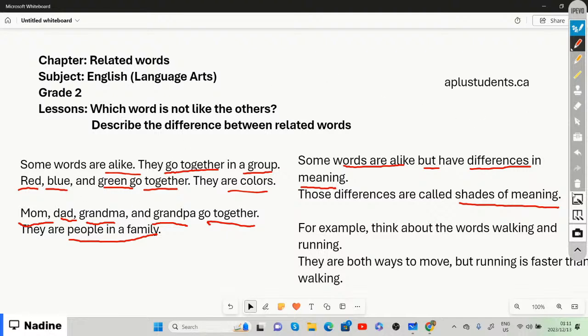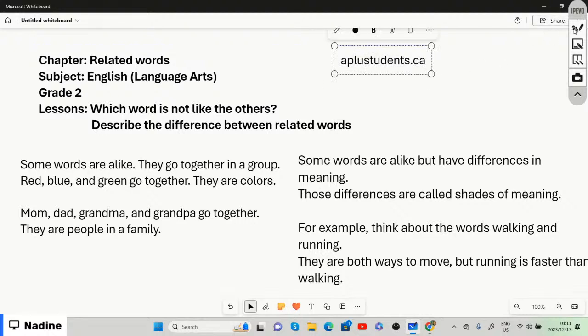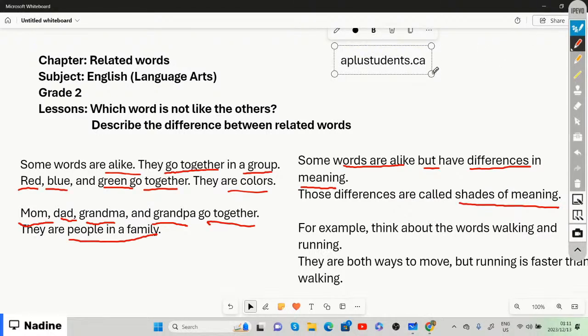When it comes to related words, the chapter that we are doing in our tutorial lesson on aplusstudents.ca, we have some words that are alike and they go together within groups.